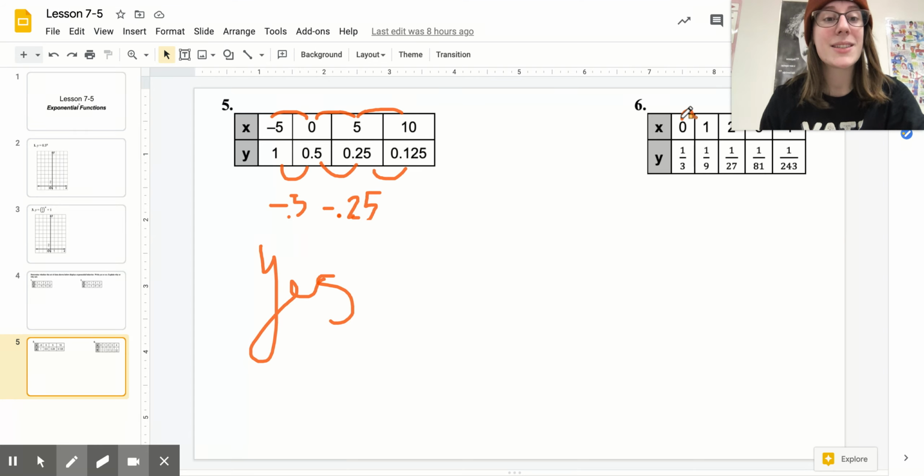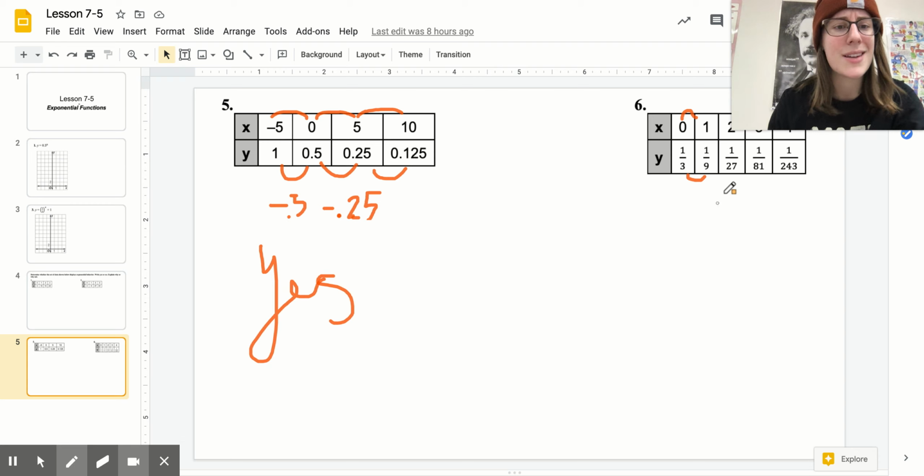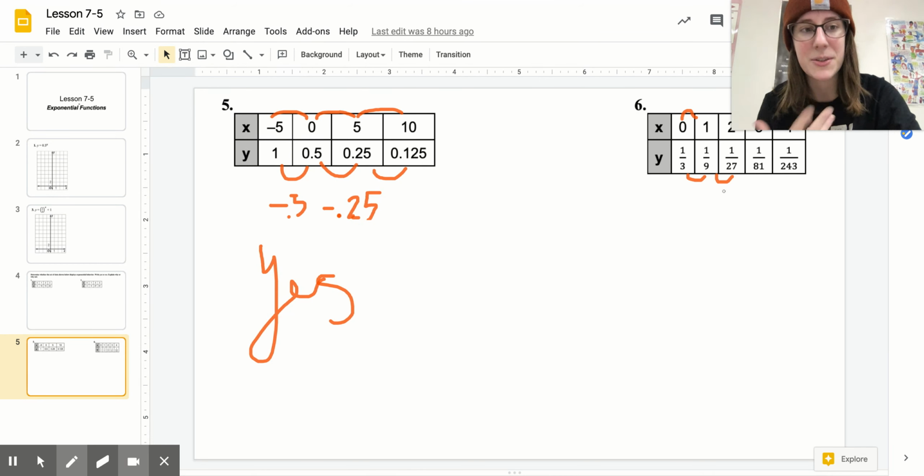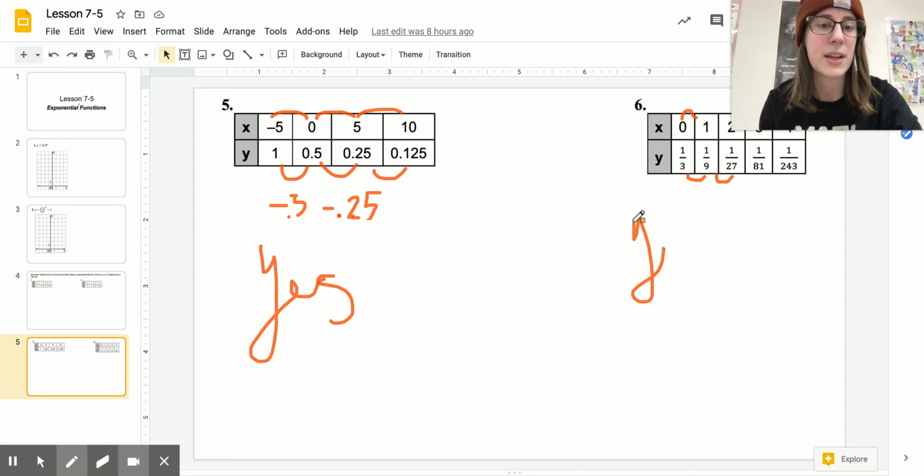If we were to look at 6, that rate is the same, but 3 to 9, 3 squared is 9, then times 3, sorry, misspoke there. Times 3 is 27, times 3 is 81, times 3 is 243, so we would say yes, times 3 each time.